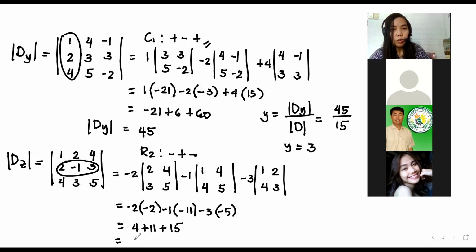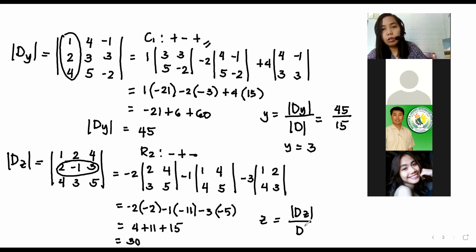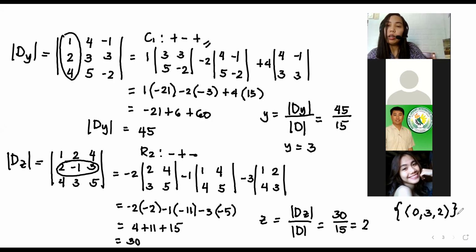So, dz is equal to 30. So z is equal to the determinant of dz over the determinant of d. dz is 30 and d is 15. So z is 2. So we have 0, 3, and 2. Okay, you check your answer in the given system.